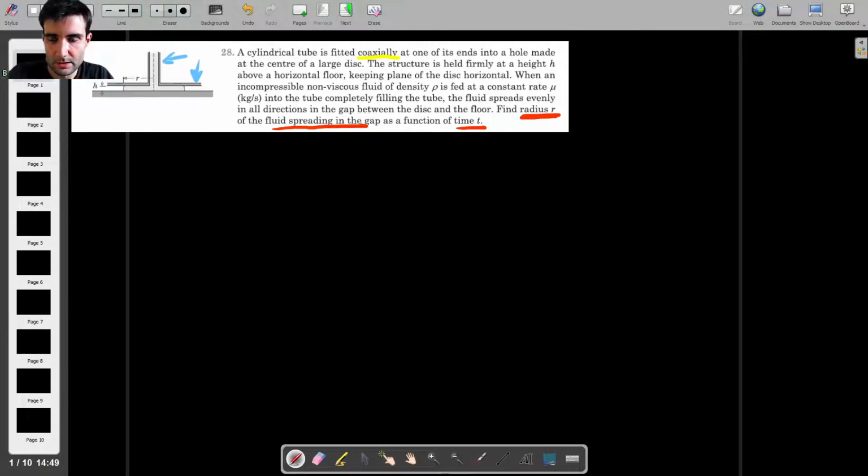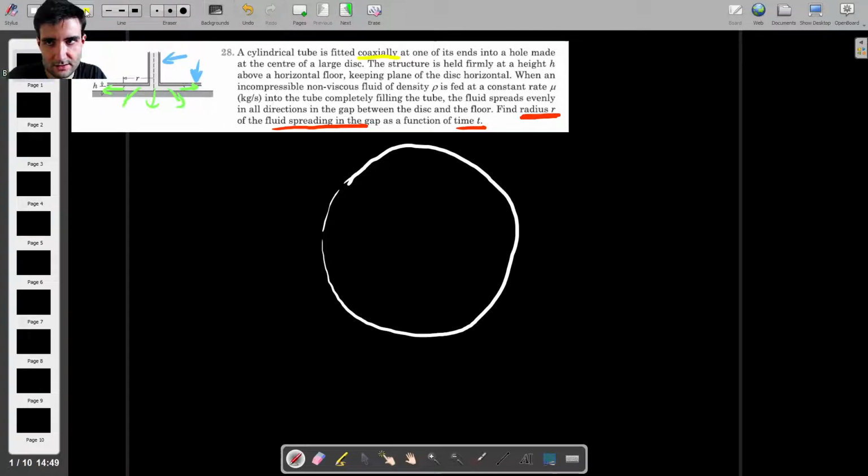It should come as no surprise that as the liquid is moving this way, this is actually a 3D problem, because the liquid is flowing radially, so it's coming out in all directions. If you look at things from above, this is the liquid front, and it's advancing at a certain speed that I'm going to call u.